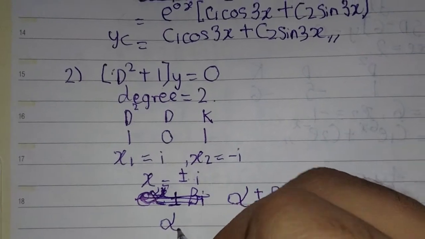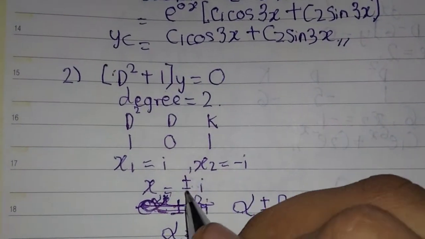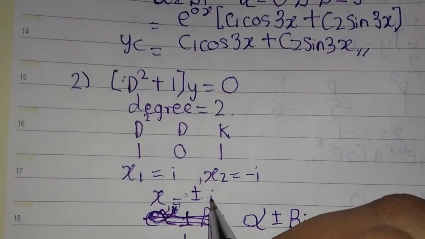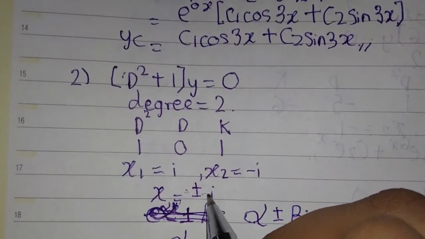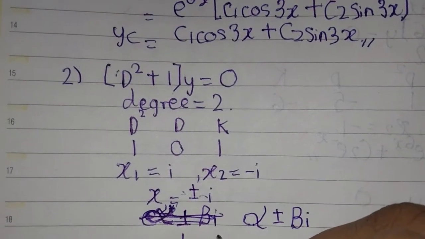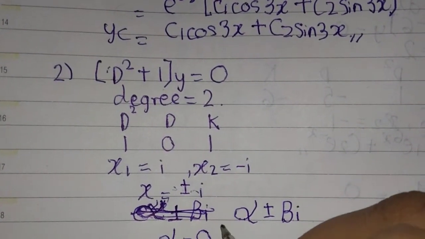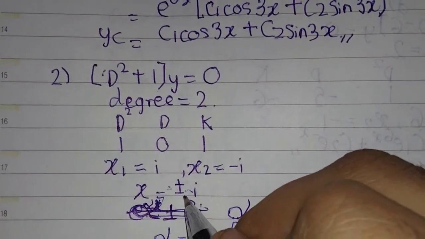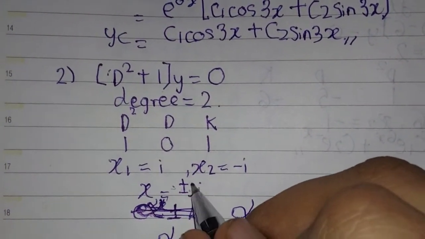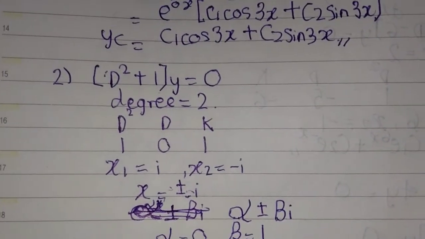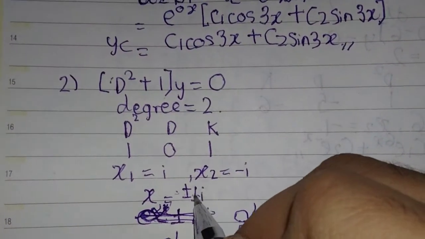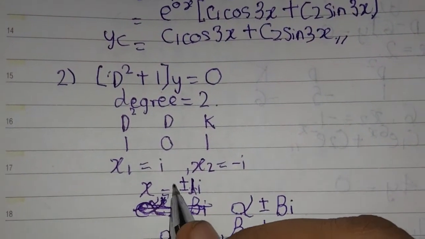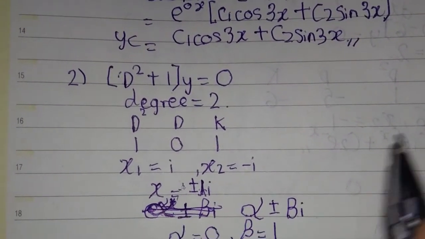What's the value of alpha? It is 0 because no term is there. The term adjacent to the i is the beta term. Alpha is equal to 0 and beta is equal to 1. The term adjacent to the i term is beta, and here we can write it as 1.